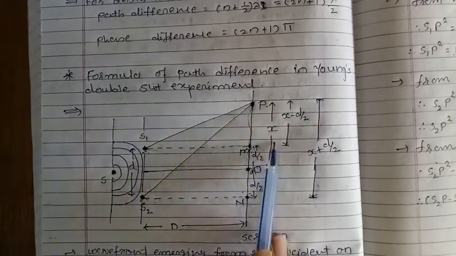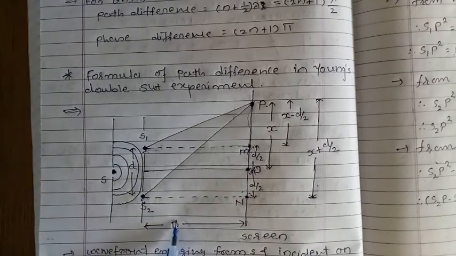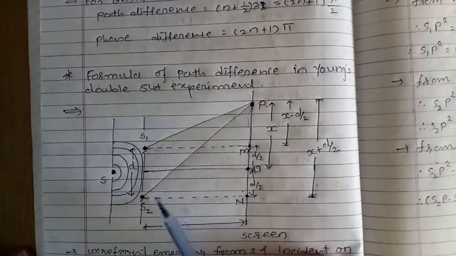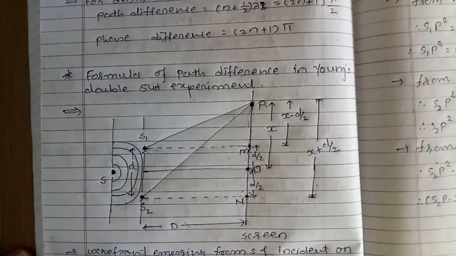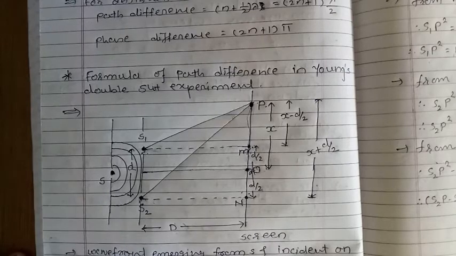So x and d are very small as compared to capital D. To find the path difference, we can take S1P and S2P as nearly the same, so S1P equals S2P equals capital D.